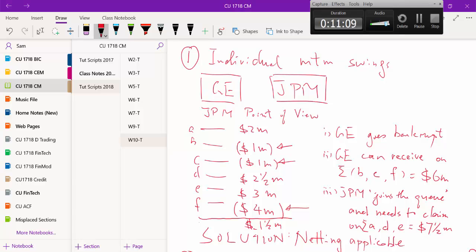Contractually, General Electric can ask JP Morgan to make $6 million of payments. And for the money that JP Morgan is winning on, this one, this one, and this one, you add them up, they come to $7.5 million. JP Morgan needs to join the queue and claim. So basically, you have to call up their lawyers.